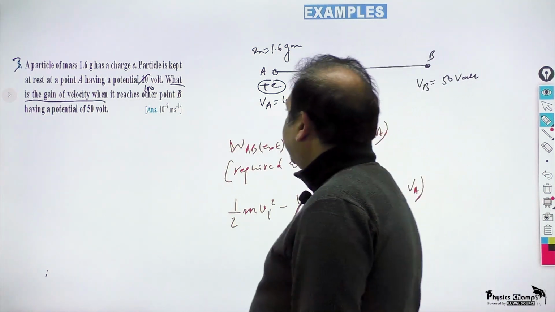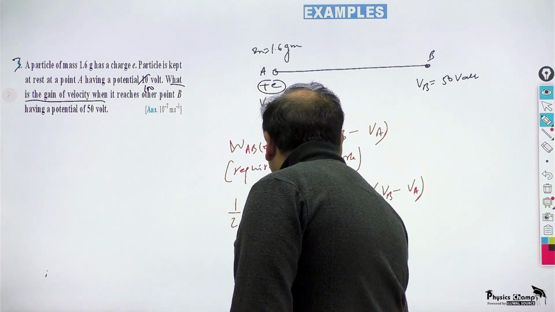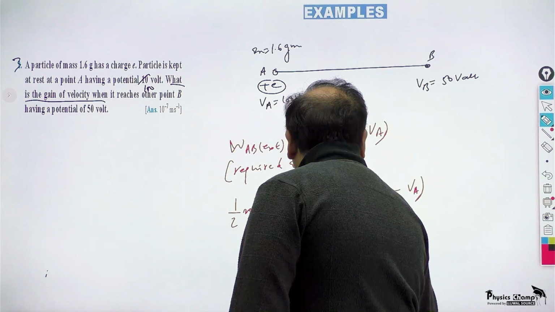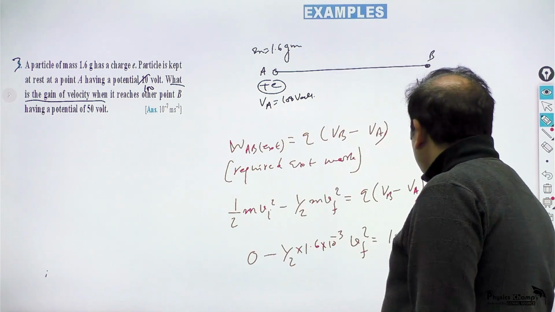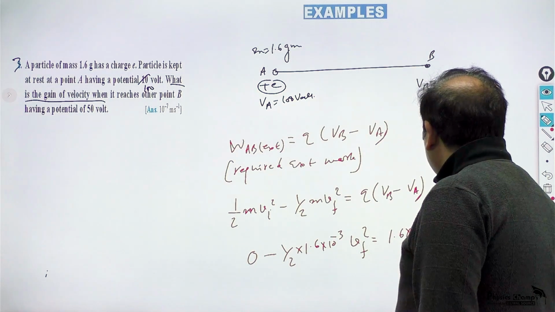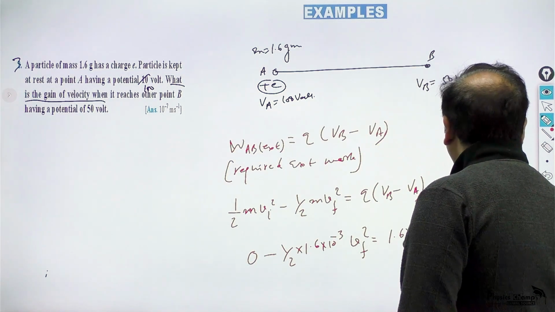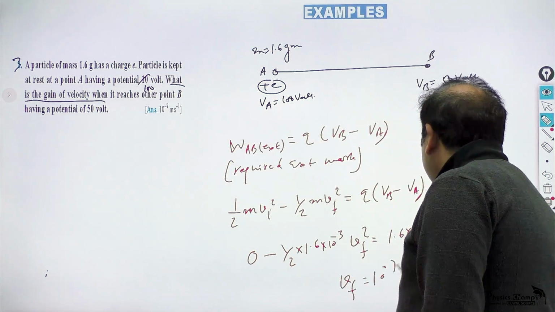So here initially it was at rest, minus half, mass is 1.6 gram, V final square is equal to, charge is 1.6 into 10 to the power minus 19, VB is 50 volt and VA is 100 volt. So V final comes out to be 10 to the power minus 7 meter per second.